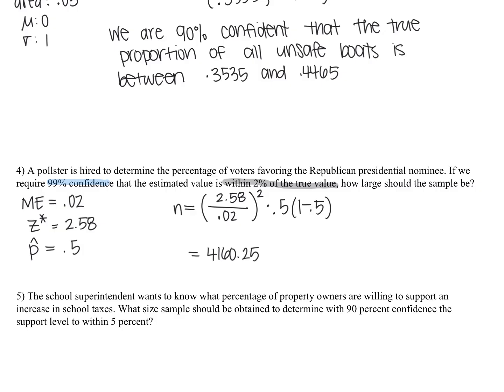And then you do have to round up n no matter what the decimal is, because it's always a minimum sample size. Because if I round down, I don't actually meet the margin of error. So you always have to round up. So it's going to be 4161, and then you do want to put units, which in this case would be voters. Anytime it's people, I also accept people. You can be specific though and say voters.